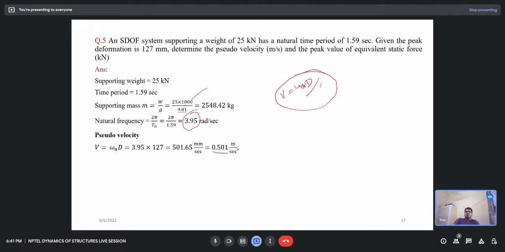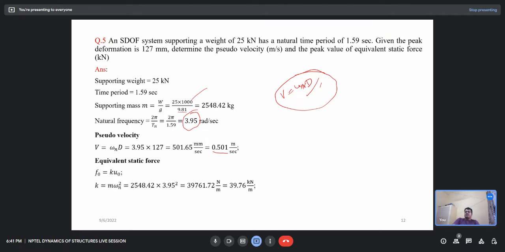You can determine the equivalent static force as F equal to kx, or F equal to k into u naught. So can you determine the stiffness? You have the time period, you have the natural frequency, you can directly calculate the stiffness.